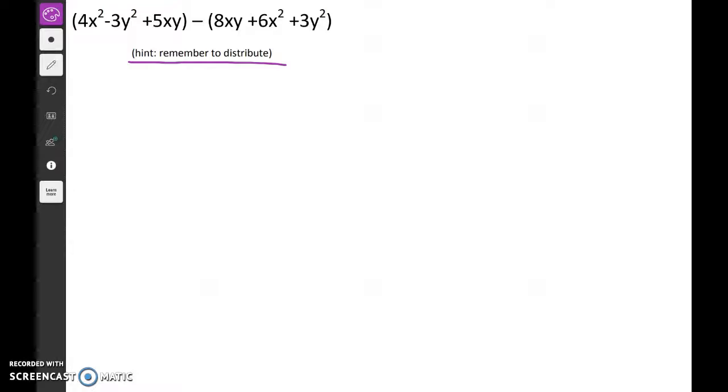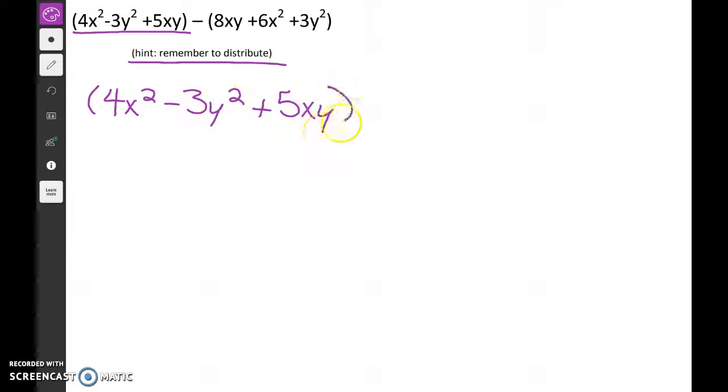So one way I like to do this is I actually like to change this to an addition problem. So what I will do is I will keep everything in the first part the same, which is 4x squared minus 3y squared plus 5xy. And then what I will do is I will take my negative and distribute it to each part of my polynomial.